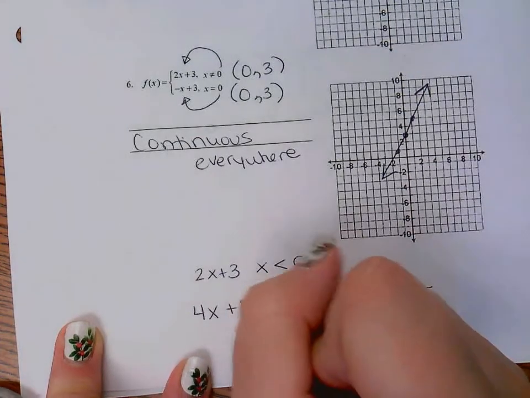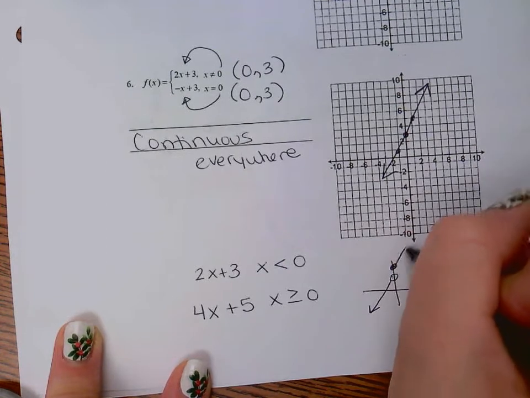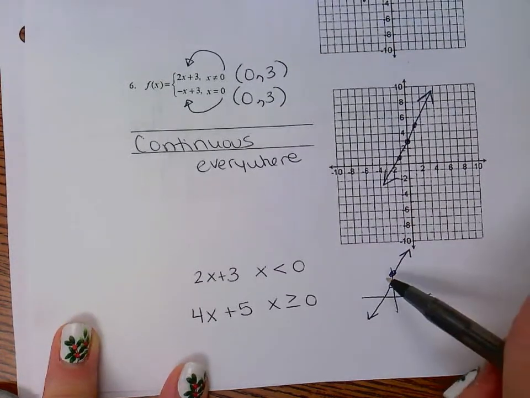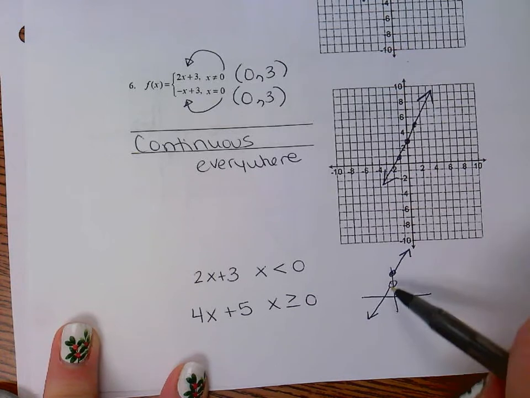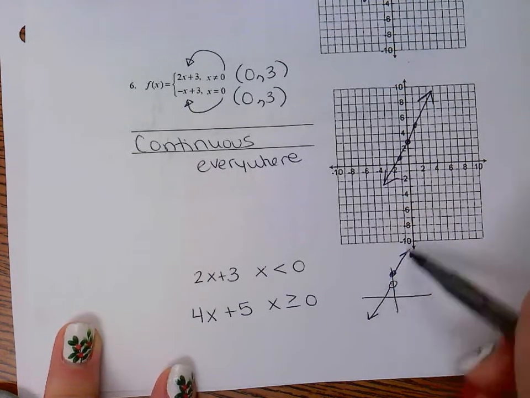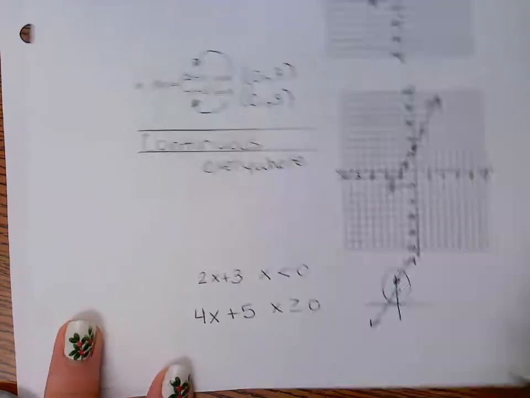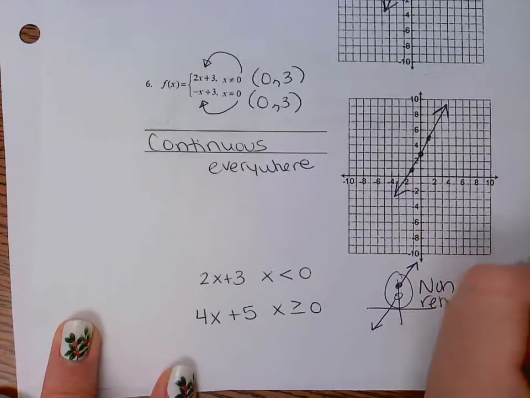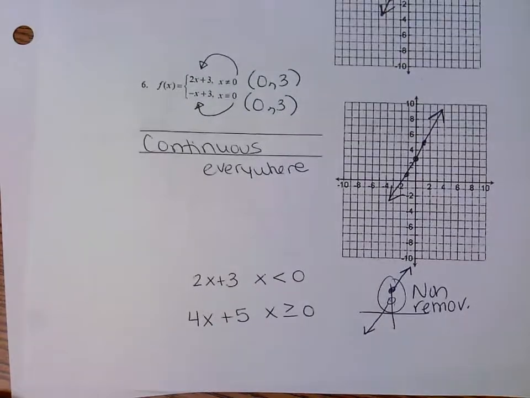And then if I start at 5 and have a slope of 4, see how I'm going this way? So I can never fill in that gap in between them. So if this started at the same point, then yeah, it would be continuous, but this would be a non-removable discontinuity, right? Because it's a jump on that graph.